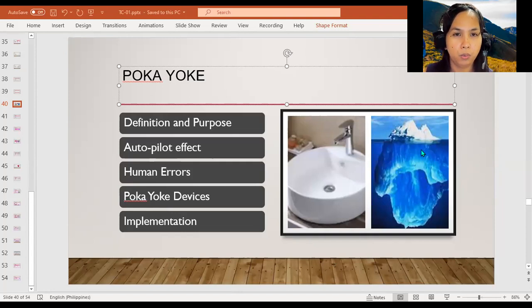And as we all know, the largest part of the iceberg is analogous to errors or mistakes. Put another way, errors are any deviation from the process, and defects are produced when products or processes deviate from the specifications or don't meet the expectations of our customers or stakeholders. So in other words, defects are created by errors.